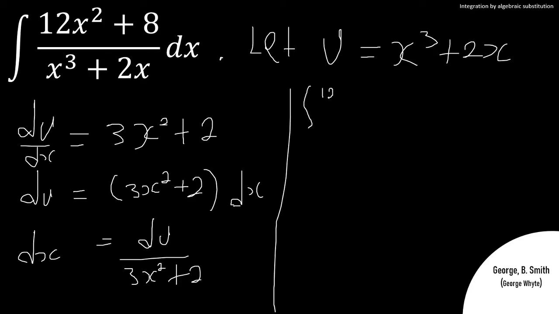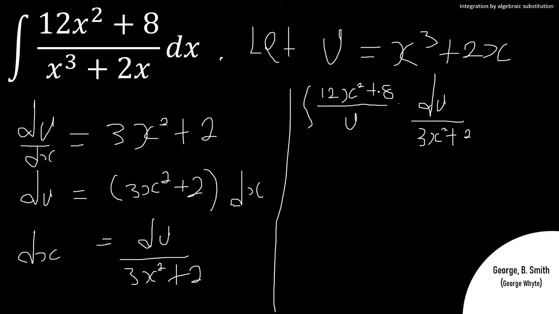This remains 12x squared plus 8. But now we are dividing by, everything we have as denominator now is u. Then we are multiplying by dx, but in place of dx now is du all over 3x squared plus 2, right?